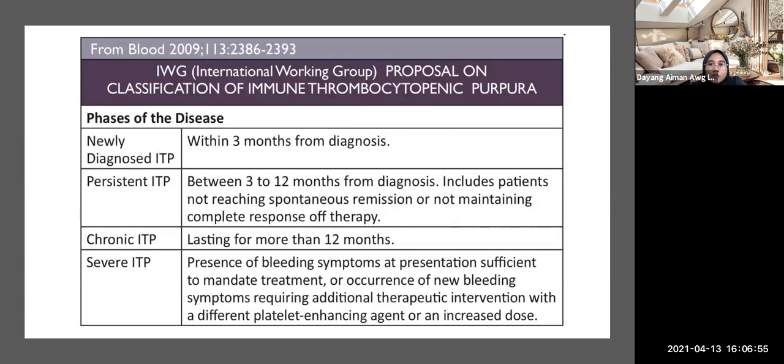The classification of ITP according to the protocol can be specified into newly diagnosed ITP, persistent ITP, chronic ITP, and severe ITP. It depends on the duration.